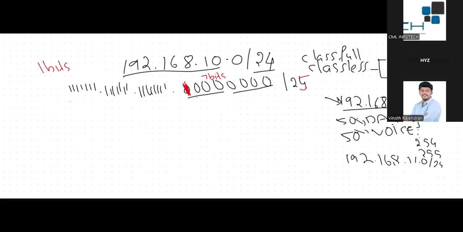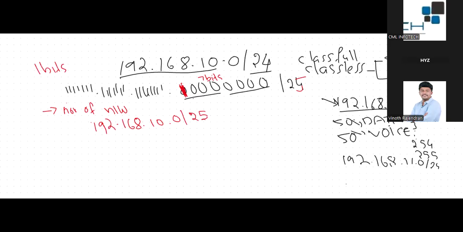So the first task: you will write individually. Okay. Then we will identify the number of networks. How many networks are we going to get? So for that, let's say the default is 192.168.10.0/24. We're going to do a /25. Okay.